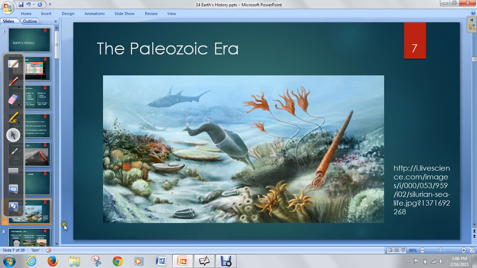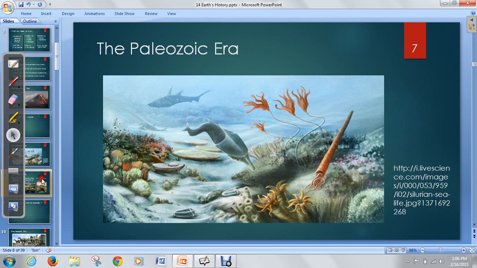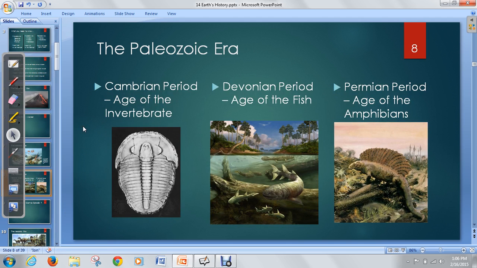So we start to get some marine life forming, and we have different periods in the Paleozoic era. We have the Cambrian period, which is the first period, and it's basically the age of the invertebrate. An invertebrate is an animal without a backbone, and a vertebrate is one that does have a backbone. So Cambrian is invertebrate: a lot of the shelled animals, the mollusks, trilobites and things like that.